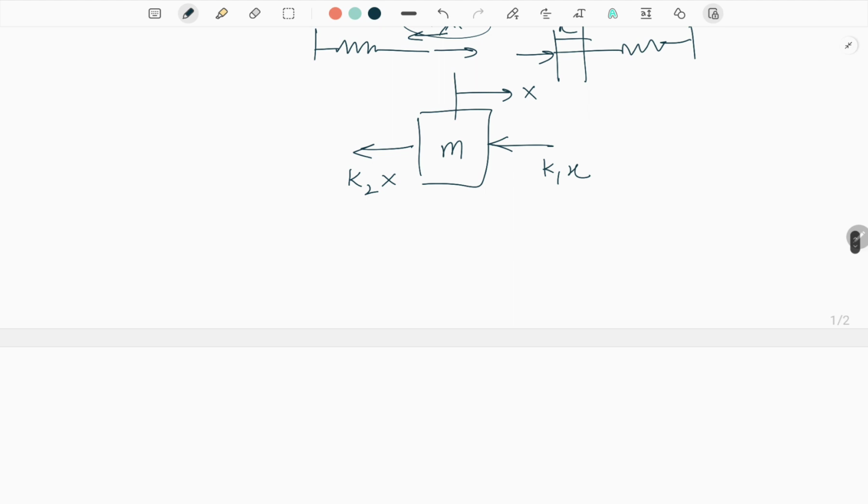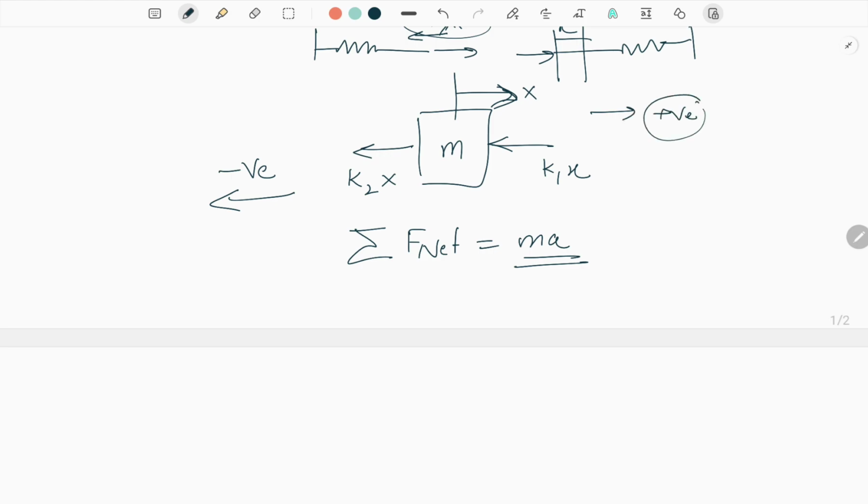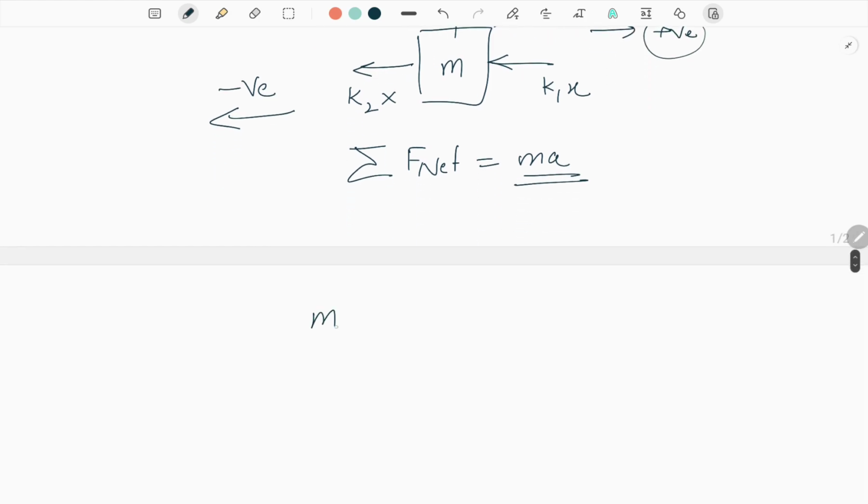If we apply F net equals mass into acceleration, the force acting in this direction is negative, if we assume this is positive. So MA is equal to minus K1x minus K2x.